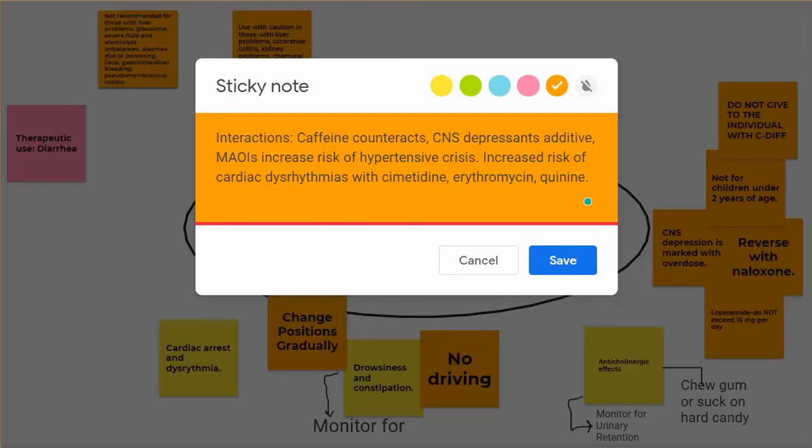Meaning anything that decreases your respiration rates can also work additively with these medications to decrease your respiration rates. MAOIs in conjunction with this medication can increase the risk of a hypertensive crisis. Increased risk of cardiac dysrhythmias can occur if this medication is taken with cimetidine, erythromycin, and quinine.